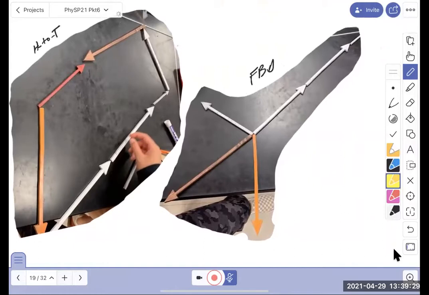Your force of thrust? No, force of thrust is this one. It's actually 3 vectors, all in one vector, but that's the one you could adjust the length. So that's the same as that one.